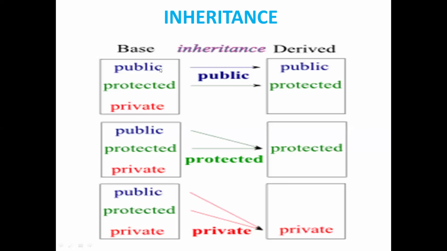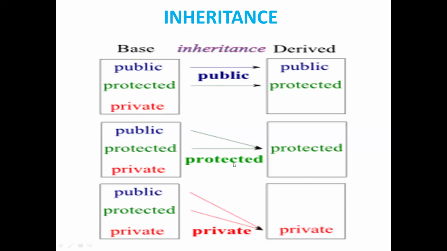The public data will enter into the public section of a derived class, and the protected data of a base class will enter into the protected section of the derived class. This happens when we use the public inheritance mode. If we talk about private data, we can never inherit the private data of a class.